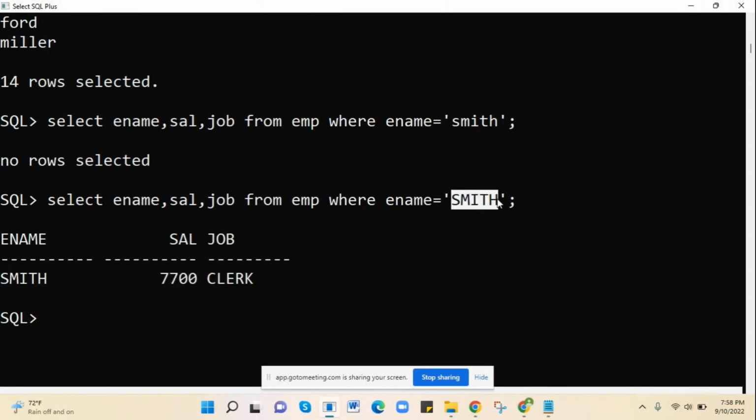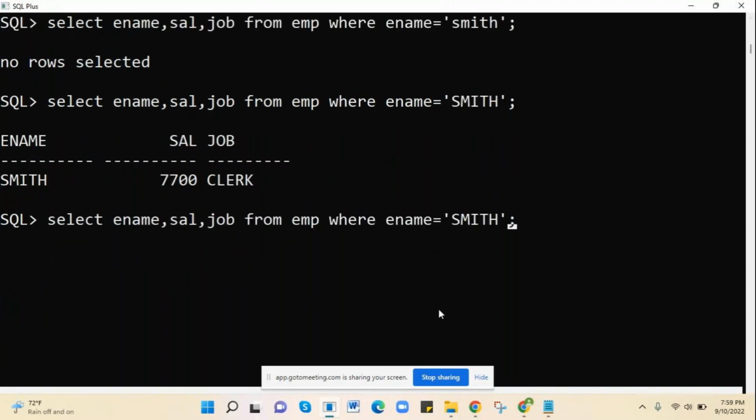But I don't know, I'm new to this table. I don't know whether it is in small letters or capital letters. At that time we can use these character functions. If you use the lower function on the employee name, now you can enter in small letters.